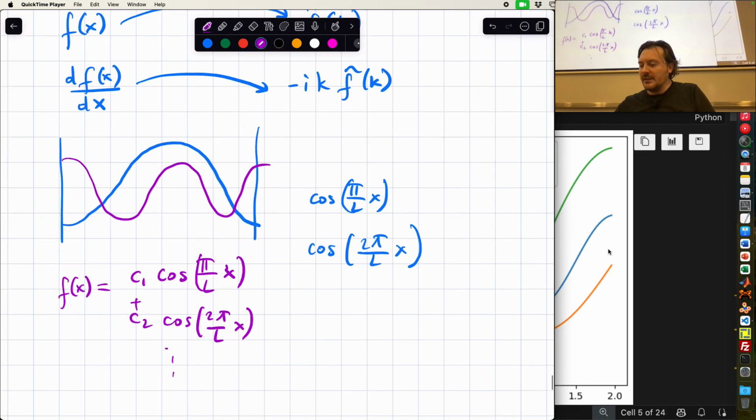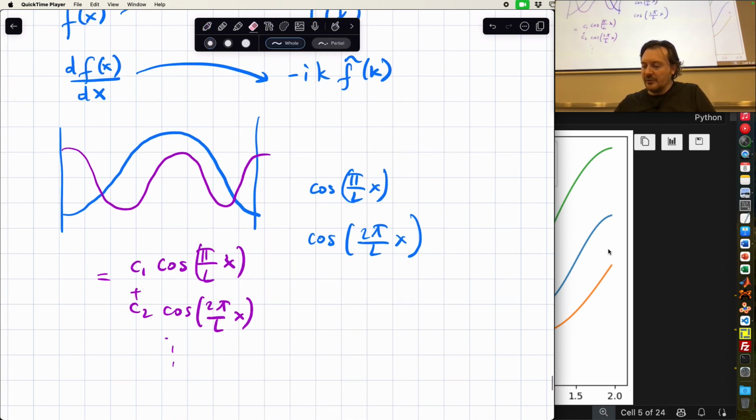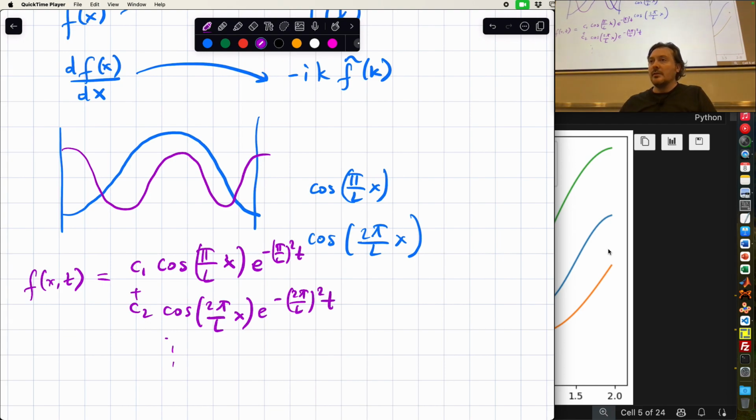So what happens is that if this is your initial condition, you can write your later stage condition by simply writing e to the minus pi over L squared t, e to the minus 2 pi over L squared t, right? So the solution of, let's say, the heat equation basically comes down to representing the initial condition as those coefficients, right?